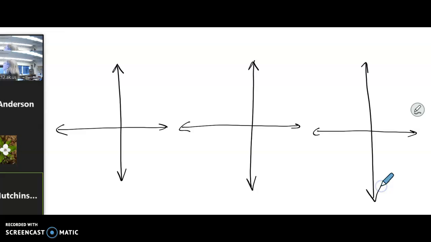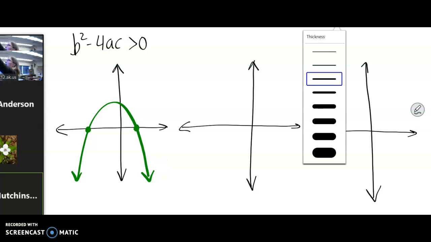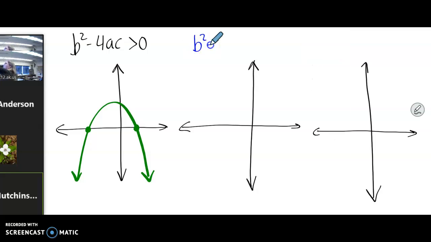So when b squared minus 4ac is positive, which means it's greater than 0, you're going to have a parabola that has 2 x-intercepts. It can be facing up, it can be facing down, but it would cross the x-axis twice. If you have b squared minus 4ac equals 0, that's a situation where the vertex is right on the x-axis, touching there, and you just have one x-intercept.